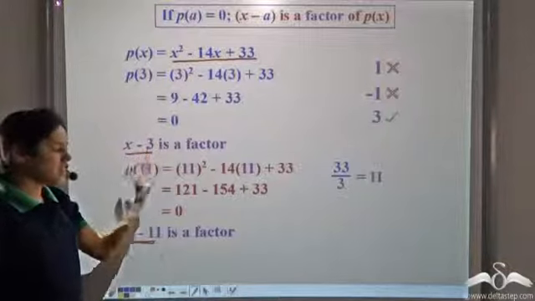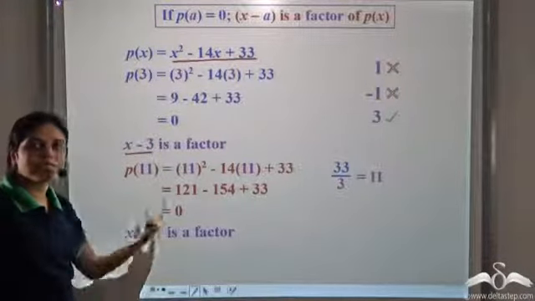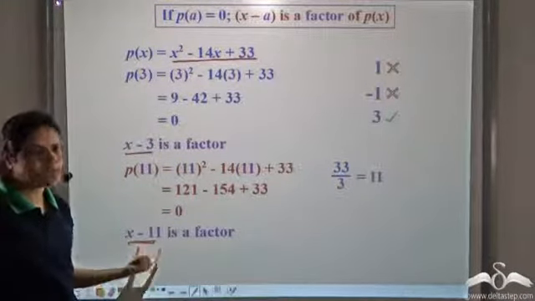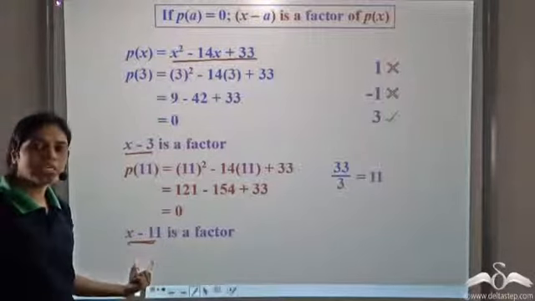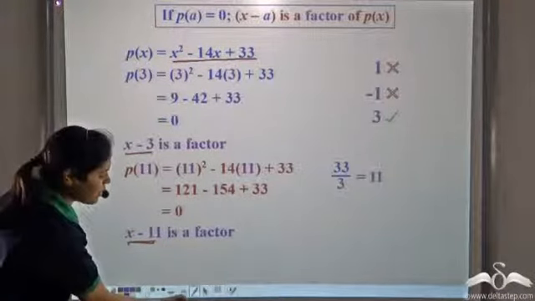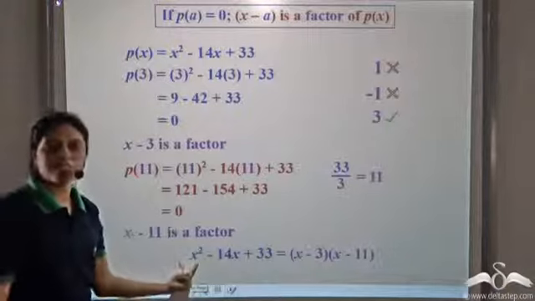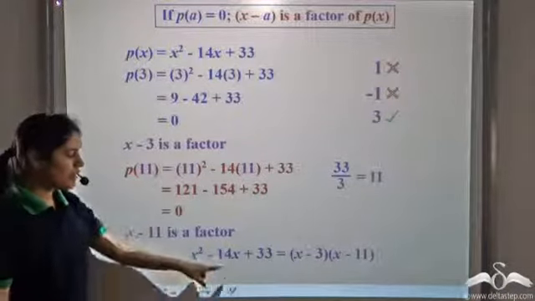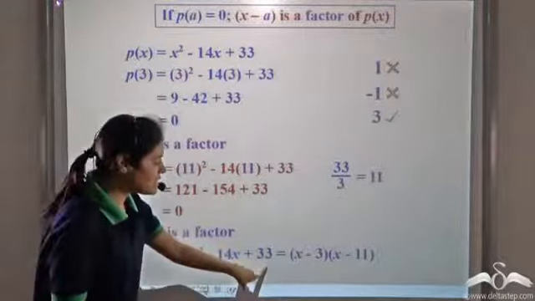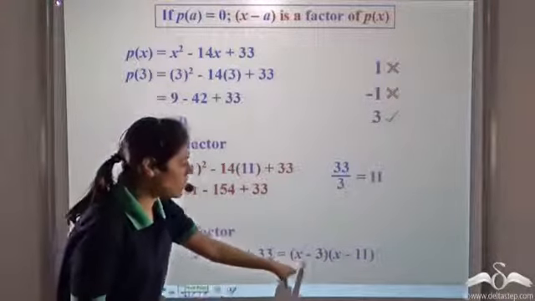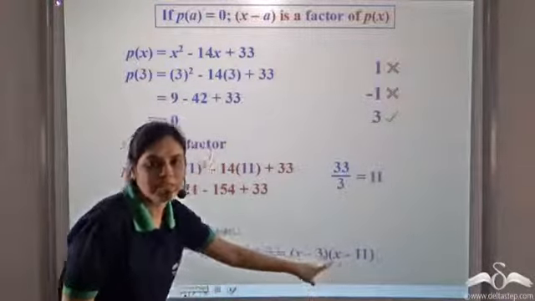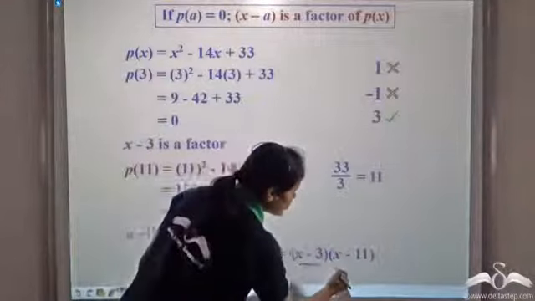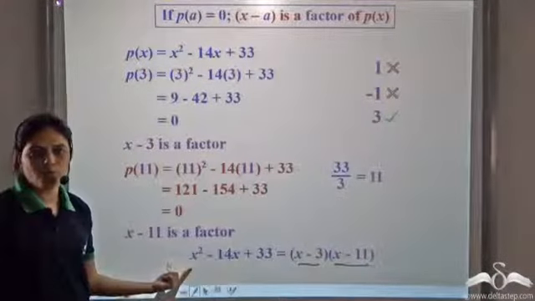So (x minus a) into (x minus b) will be the general form of its factors, and we have got (x minus 3) into (x minus 11) as the factors of this expression. So x square minus 14x plus 33 is equal to (x minus 3) into (x minus 11). These are the two factors of this polynomial.